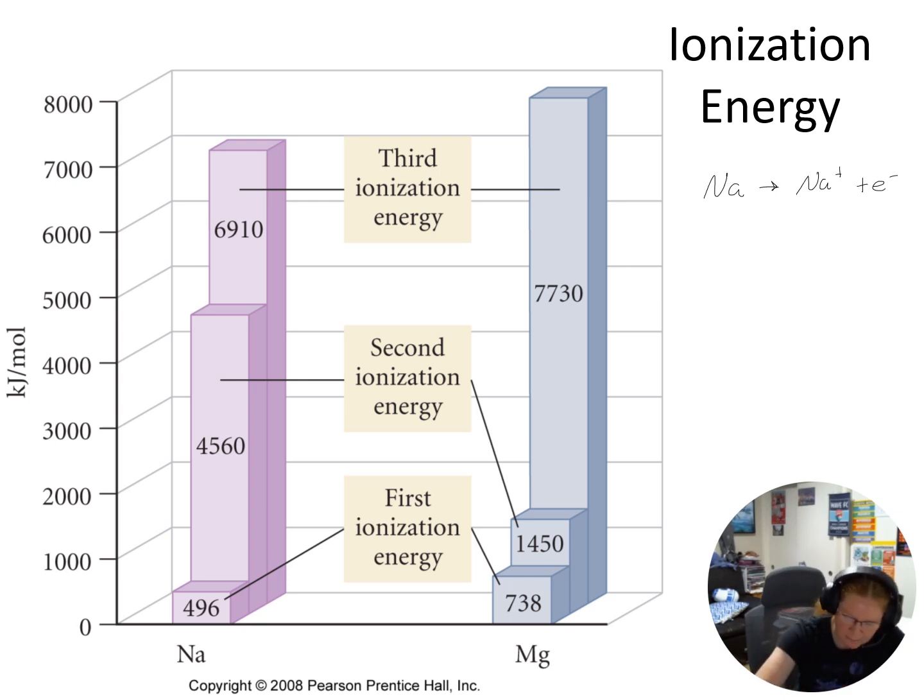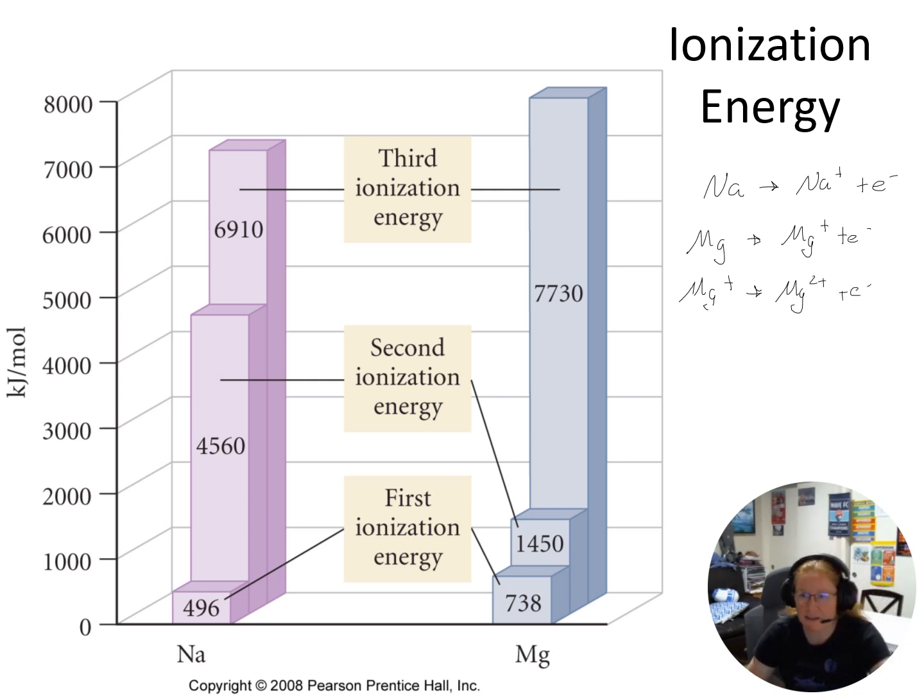Now magnesium, we would take that magnesium and do that. So each electron comes off individually. And so magnesium, we have a first ionization and a second ionization energy, and then we see this giant jump. Sodium, we have a first ionization energy before we see this giant jump.